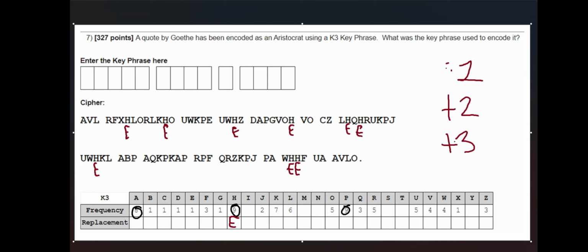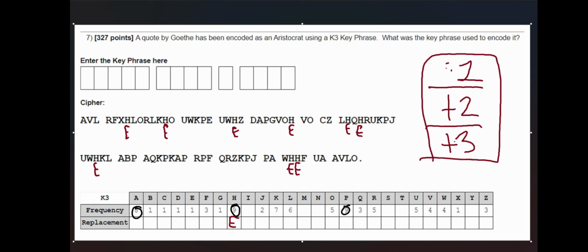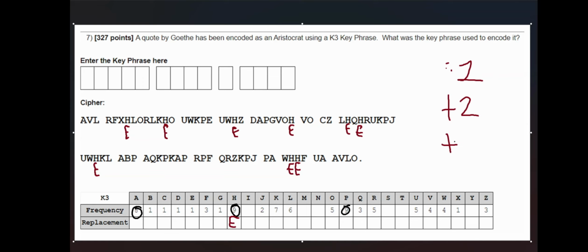Whenever you make a K3 using Tobes, which is the website that they use to make all of your Codebusters tests, they have an option to have K1, K2, or K3. That's what your test makers are going to be using. Sometimes they may make it higher or lower, but it will usually just be 1, 2, or 3, so that it's easier to find the keyword and it's not just crazy hard.